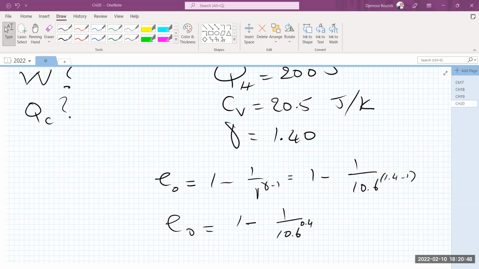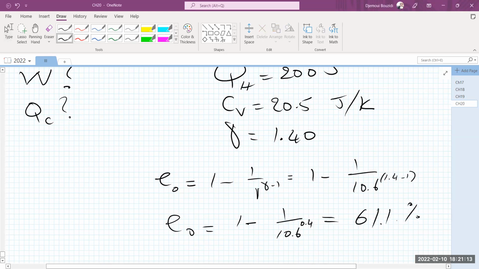So we have 1 minus 1 over 10.6 to the power 0.4. It's telling me 0.611064. Is that what you guys are finding? Yeah, that's what I got. So it's basically 61.1%.